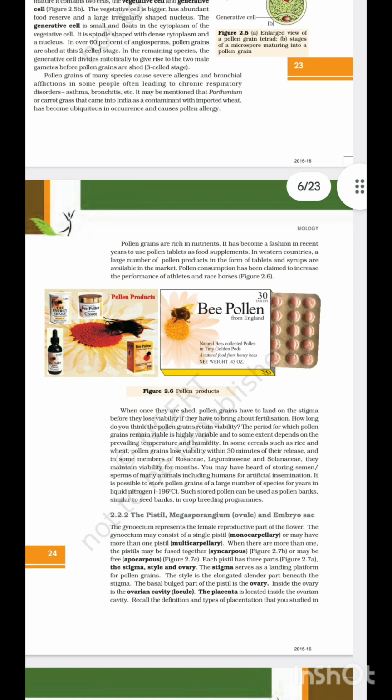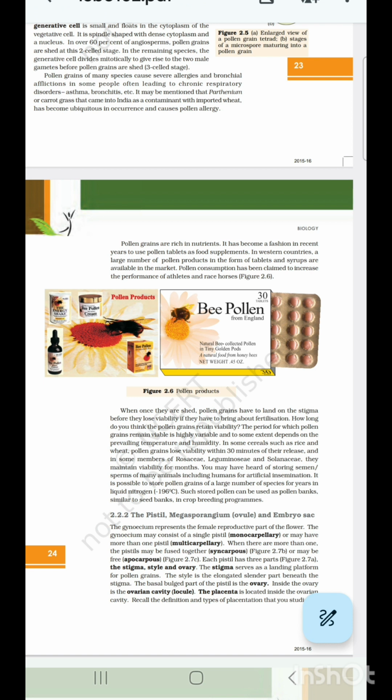Then the pollen grains are rich in nutrients. It has become a fashion in recent years to use pollen tablets as food supplement. In Western countries, a large number of pollen products in the form of tablets and syrup are available in the market.